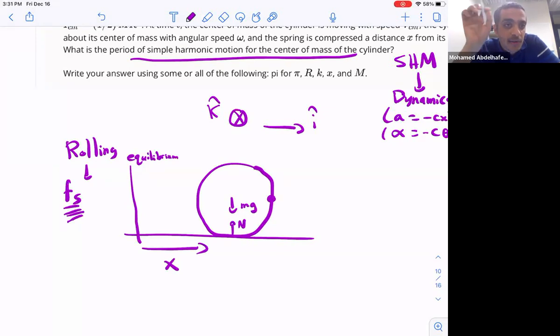It wants you to go back to equilibrium. The spring force here is towards equilibrium, so it is to the left. So this is F spring. Any questions so far about the free body diagram? Usual gravity from center of mass, normal force from the contact point, spring pointing towards equilibrium.